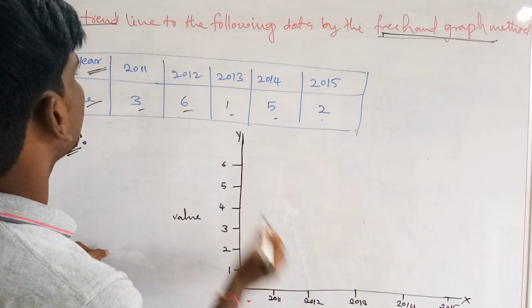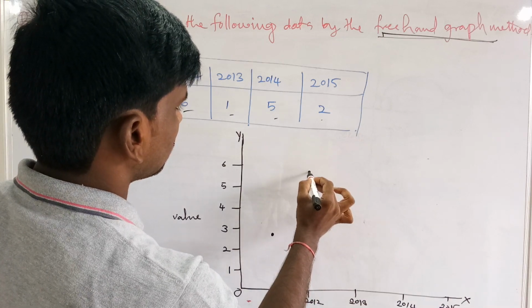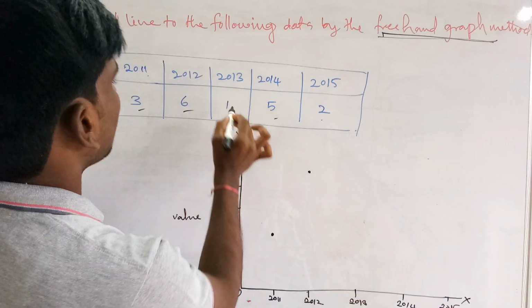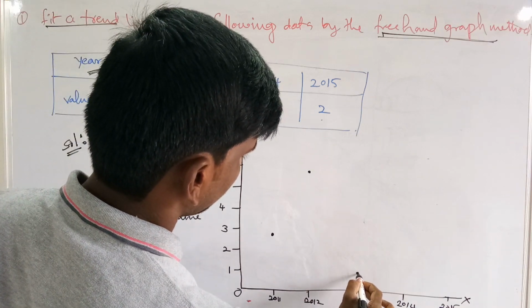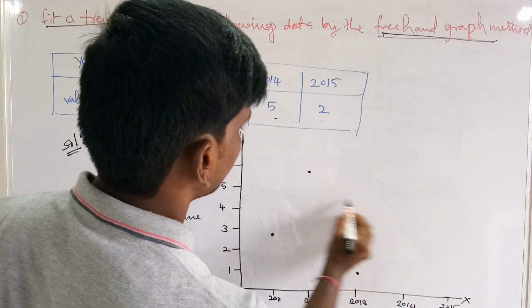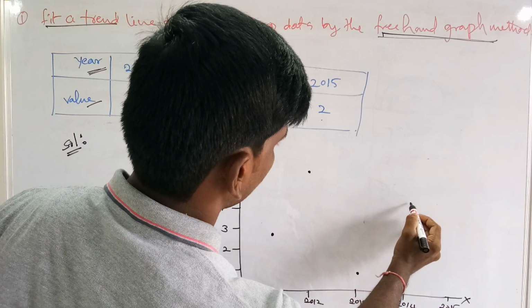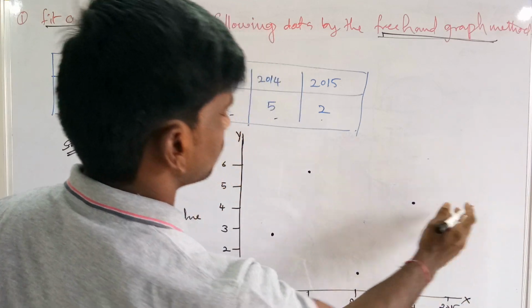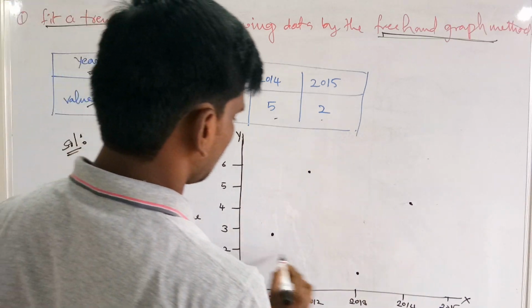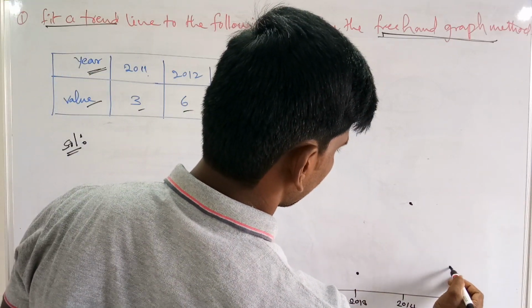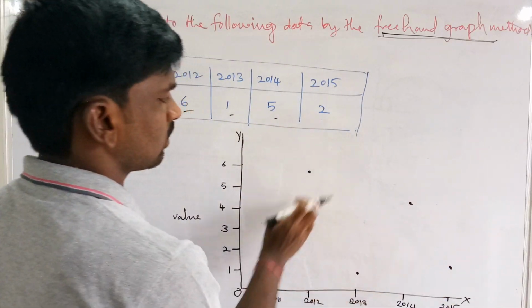Then 2012, the value is 6. 2013, the value is 1. 2014, the value is 5. 2015, the value is 2. These are the plots.